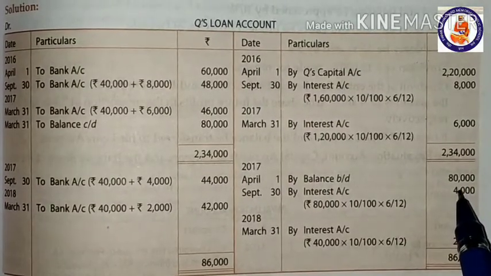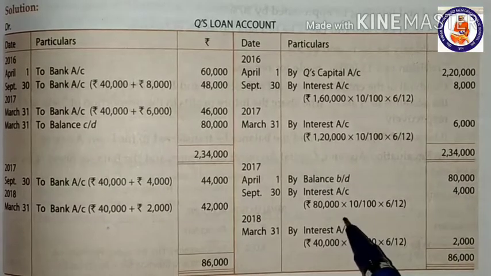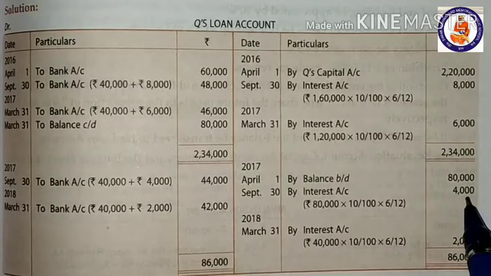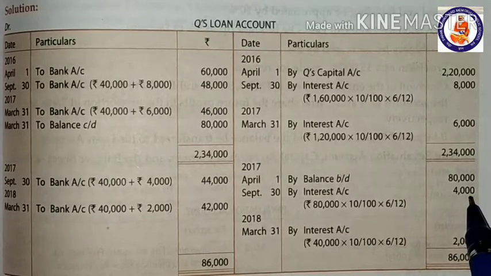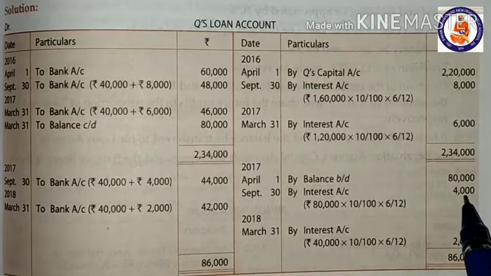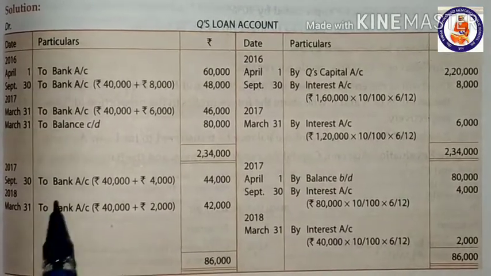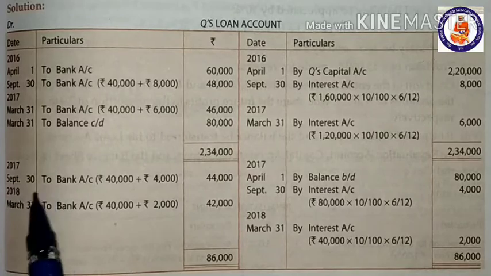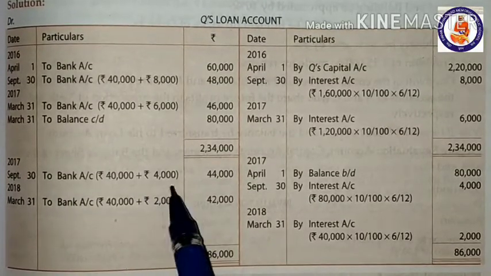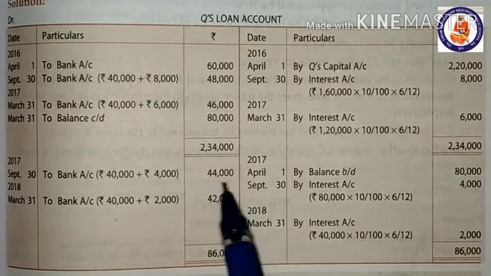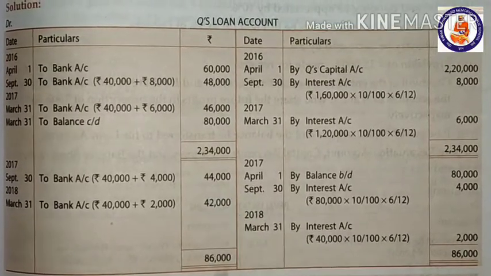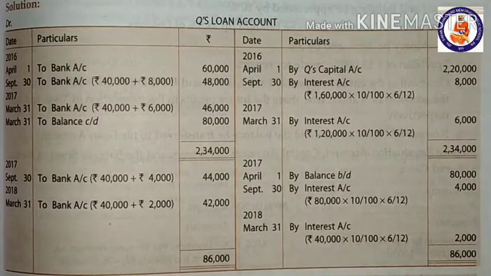Then again, on 80,000, 6 months interest we will calculate at the rate of 10%. It comes to 4,000 rupees. This 4,000 plus the 40,000 installment will be paid on September 30th, so 44,000 is paid here. Now the last 40,000 remains.